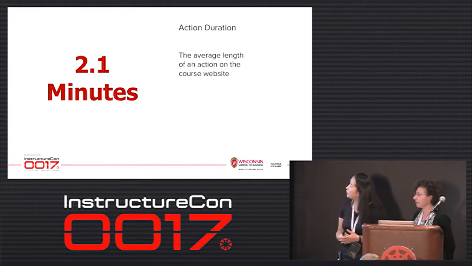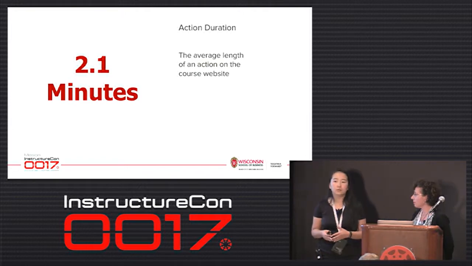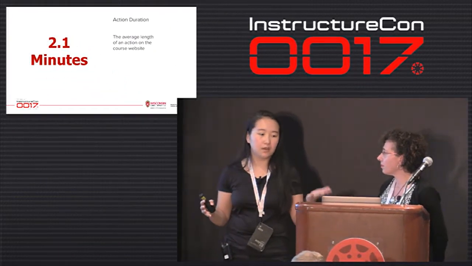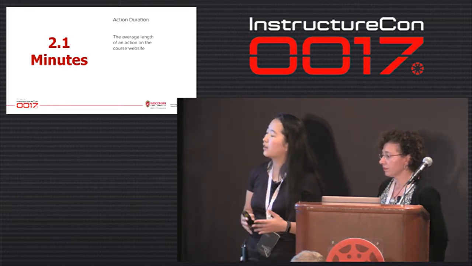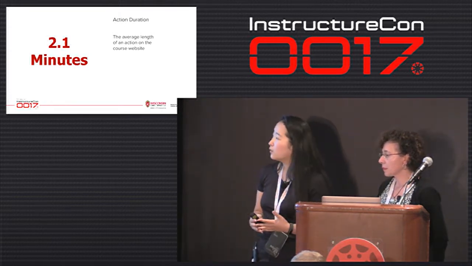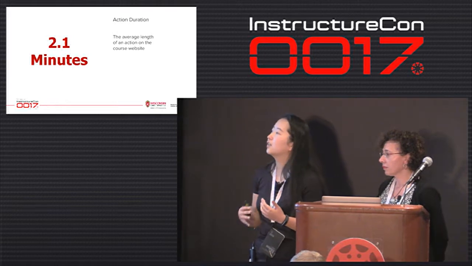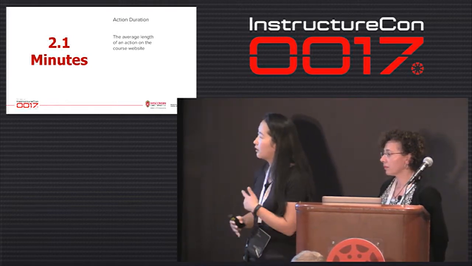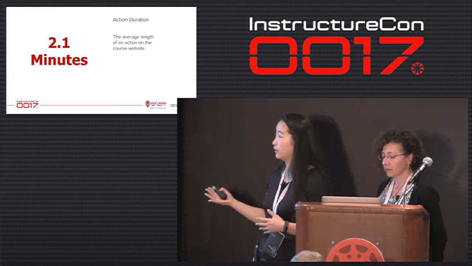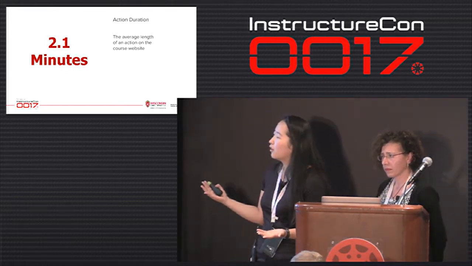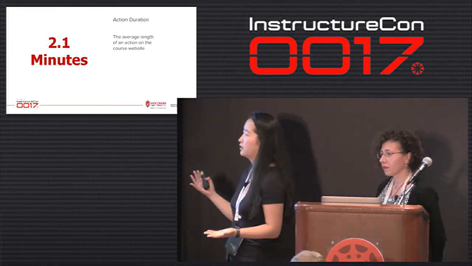And the next thing that we showed our instructors was the action duration, so the average length of an action on that course website. And the reason that we didn't show this number as a gauge like the last graph, but just a number, is because it really depends on how the course is set up. If a course is very extensive, has a lot of assignments, readings, and quizzes, then seeing the 2.1 number, the instructor would go, my students really aren't engaging with my course material as much as I want them to be.